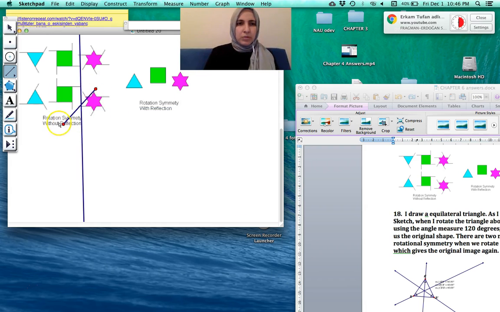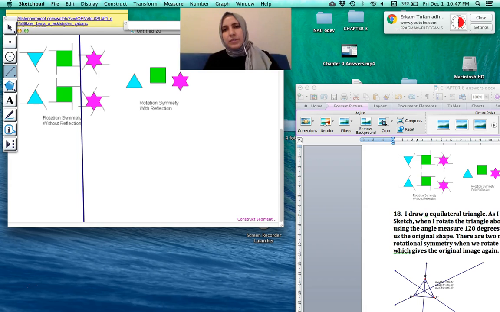These are the rotational symmetry without reflection, and this one is also rotational symmetry with reflection. And this totally gives the original shapes. But sometimes they are going to have the same size, but the way can be changed.